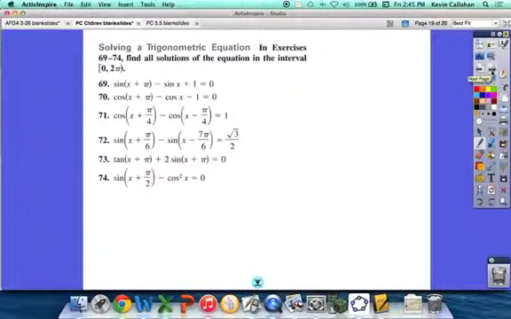Okay, and then solve an equation using sum and difference formulas, which you'll have. Remember, when you do one of those, let's say we do number 70 right here. We use the formula for the cosine of a sum, that would be cosine x cosine pi minus sine x sine pi minus cosine x minus 1 equals 0.